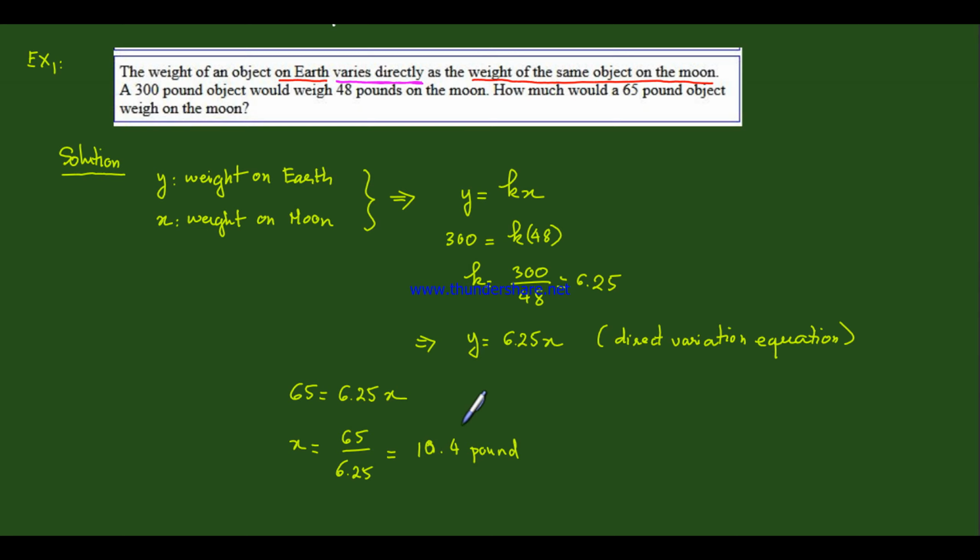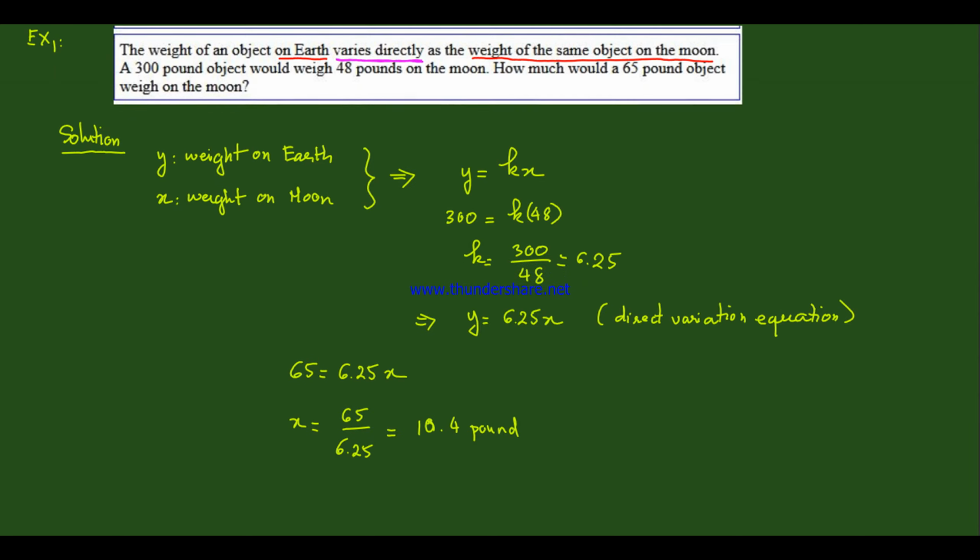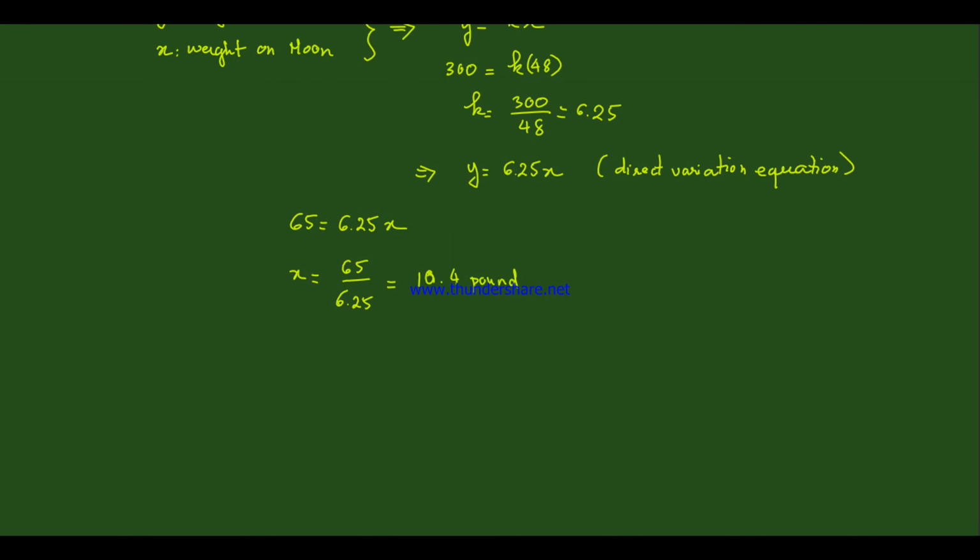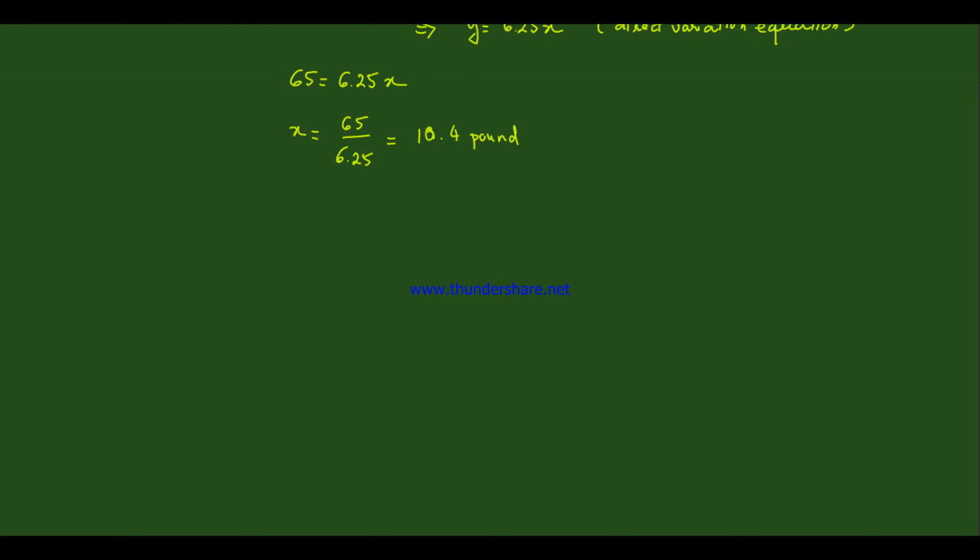So it's lighter on the moon. 10.4 pounds on the moon. So that is how you use direct variation to solve the word problem.